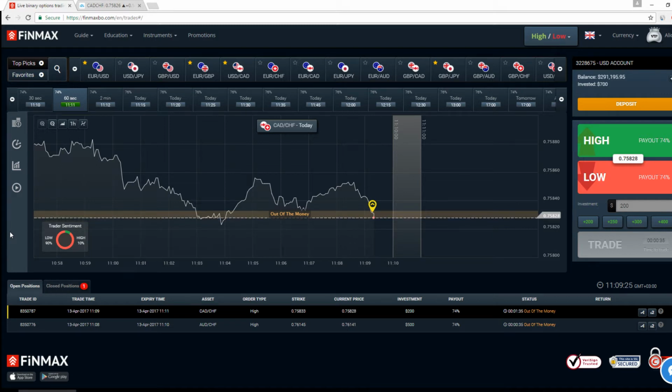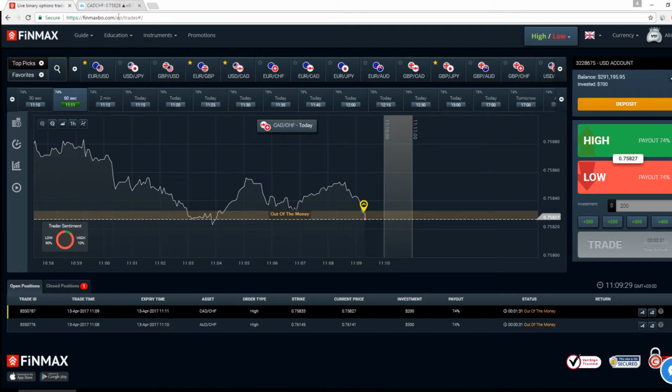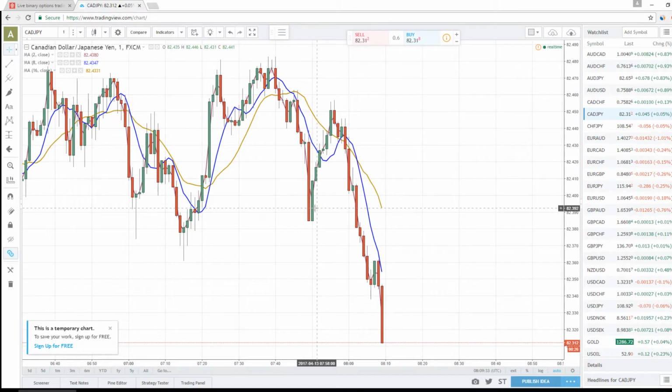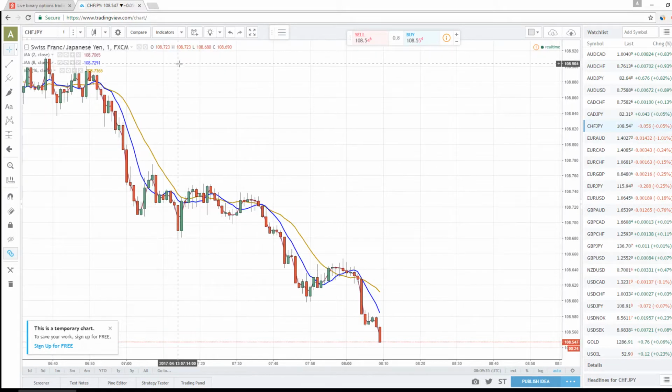Basically here I'm playing against one currency, one asset, so a lot depends on the behavior of the Swiss franc.